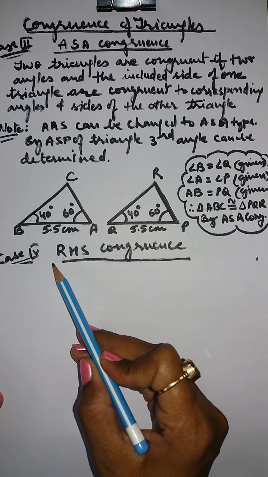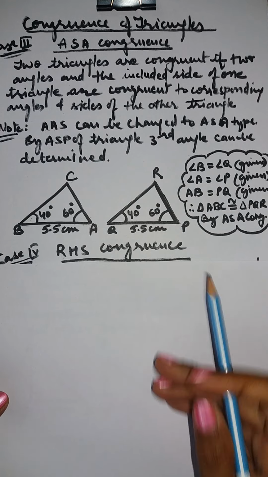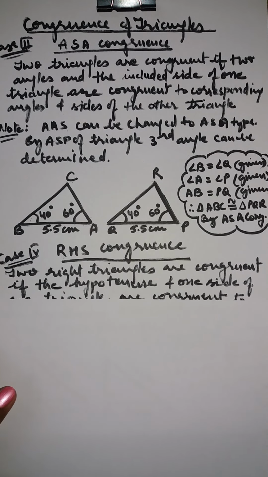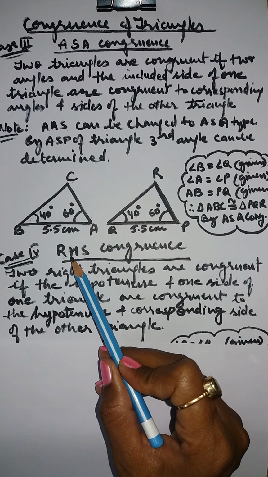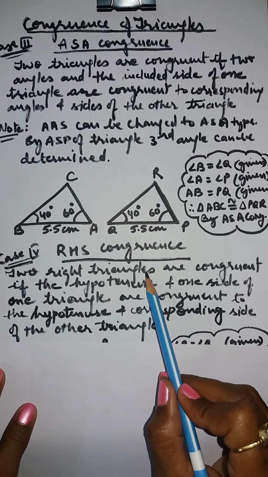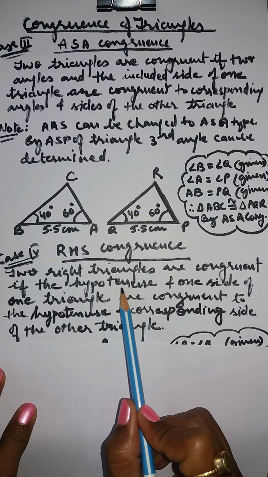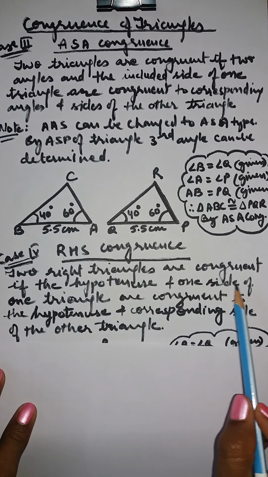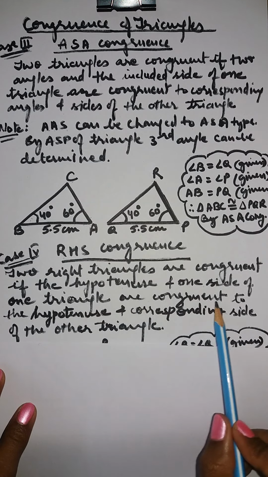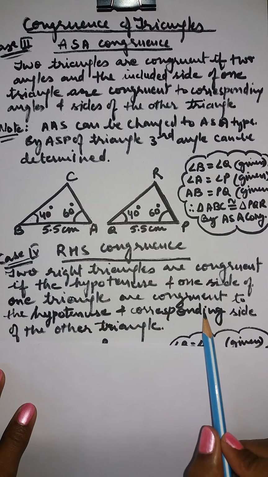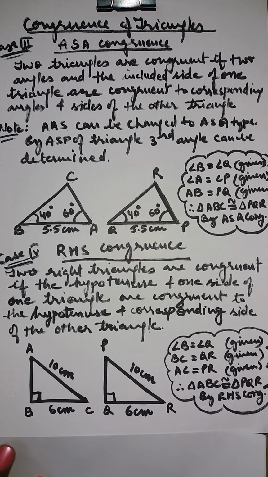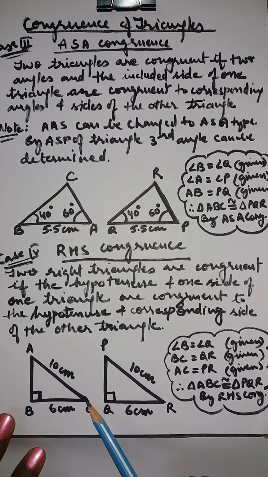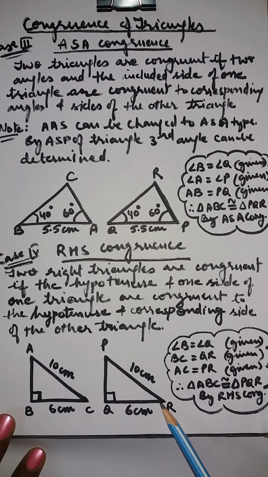Now the fourth and last congruency, RHS congruency. By its name it is clear that it is talking about right angle triangles. Two right triangles are congruent if the hypotenuse and one side of one triangle are congruent to the hypotenuse and corresponding side of the other triangle. For example, ABC is a triangle given and PQR is a triangle given.